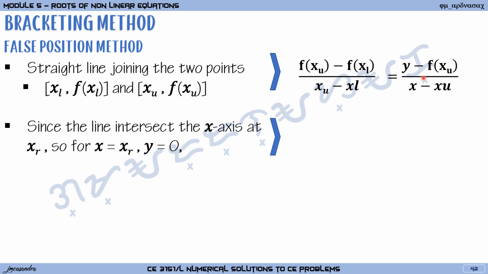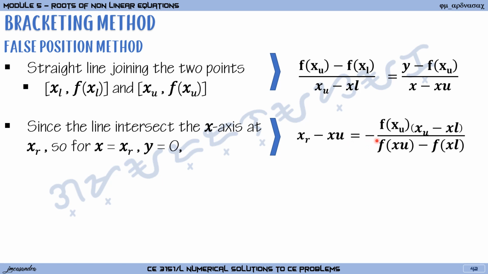So the previous equation can be simplified into xr minus xu equals negative f(xu) times xu minus xl, divided by f(xu) minus f(xl). We just cross multiply, and then we change x to xr and y to 0.